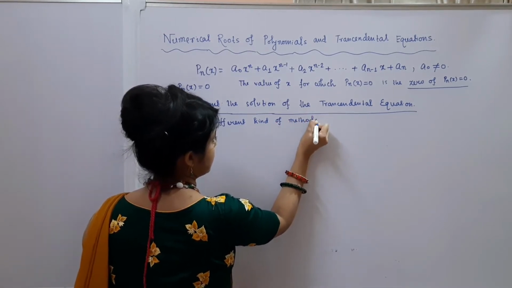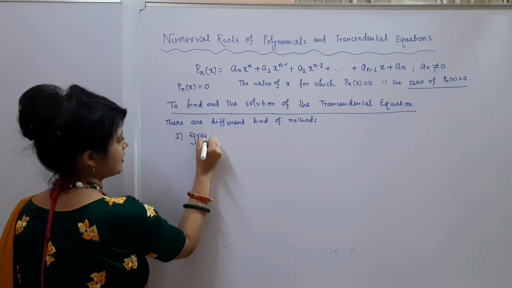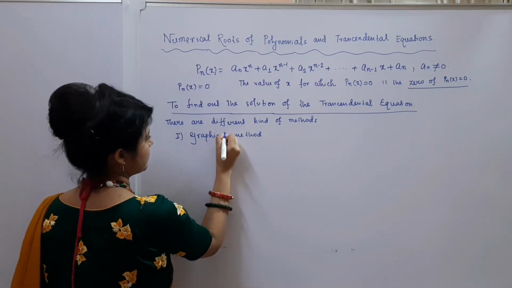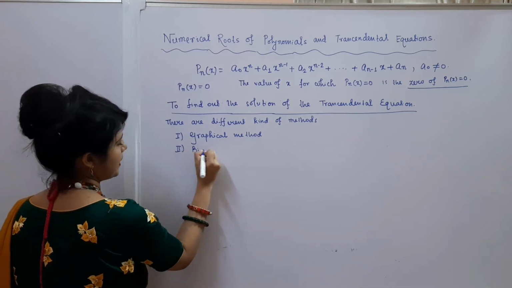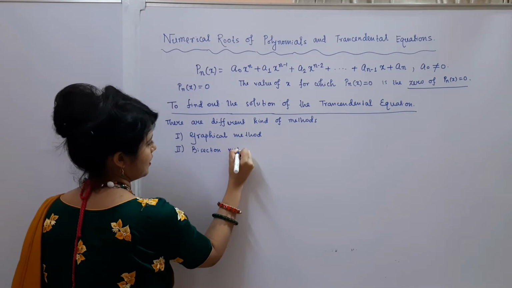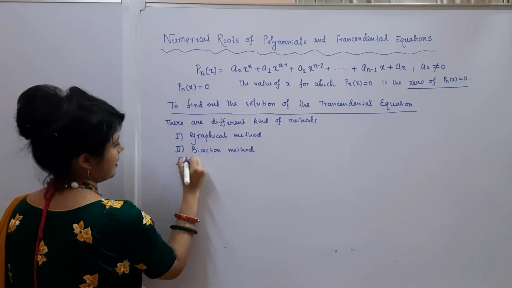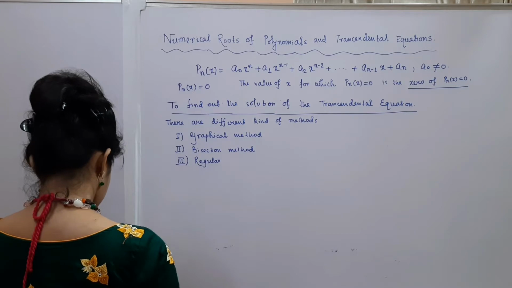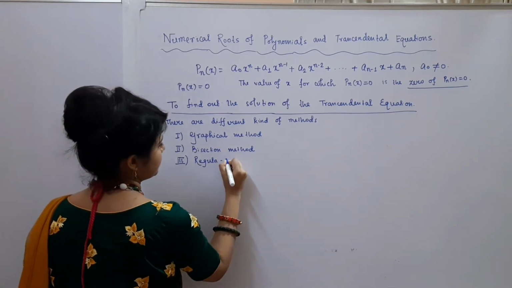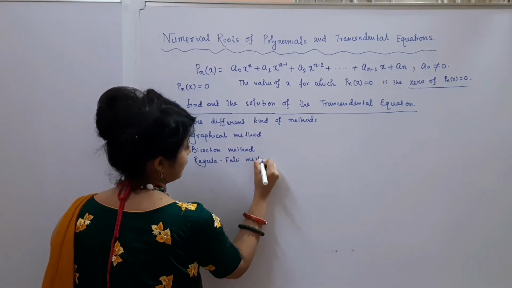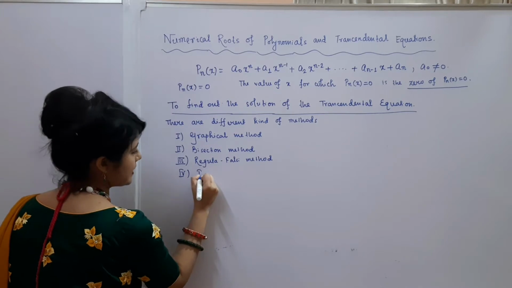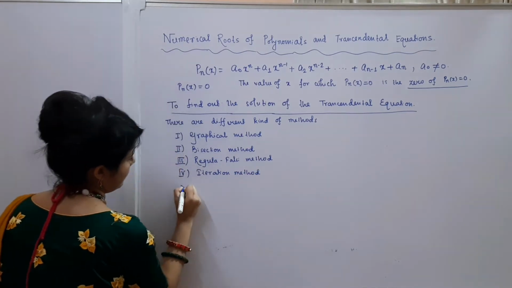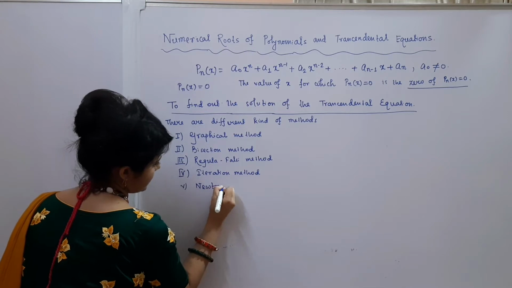Number 1 is the graphical method, number 2 is the bisection method, number 3 is the regula-falsi method, number 4 is the iteration method, and finally the Newton-Raphson method.